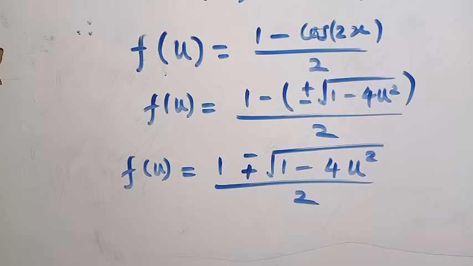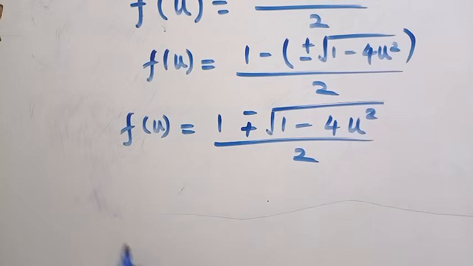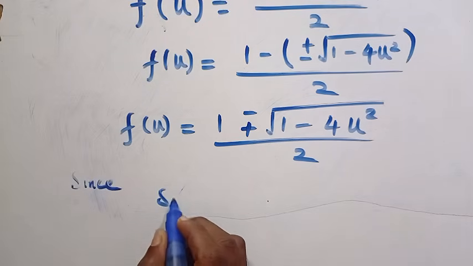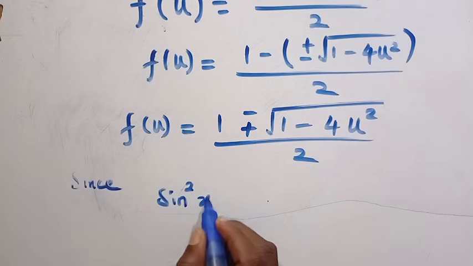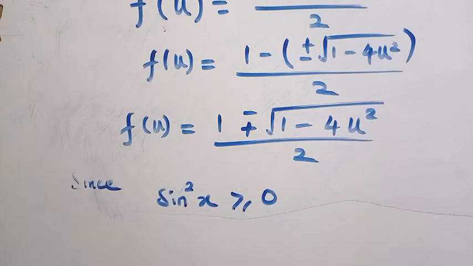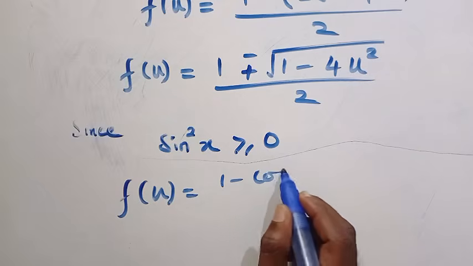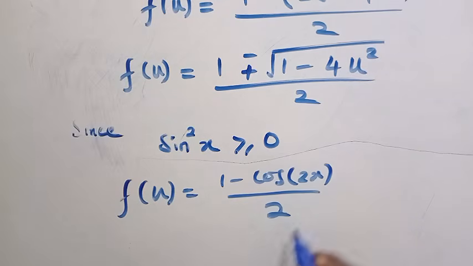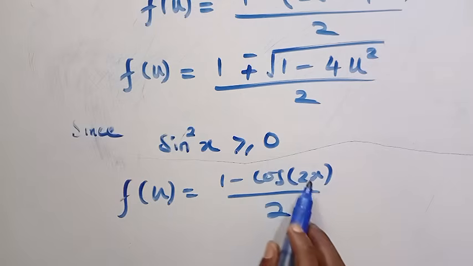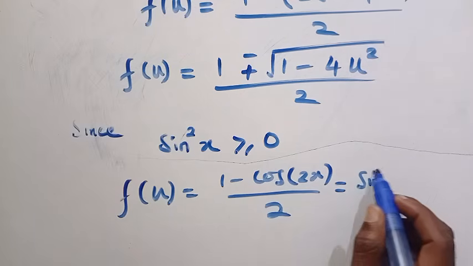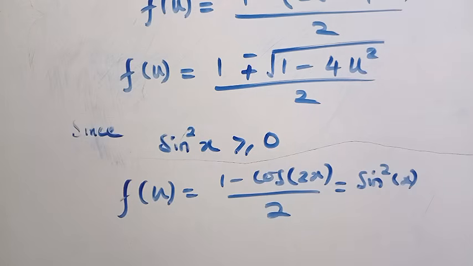Yes, but we have to get the sign correctly. Since we have plus or minus, let's note that sine squared x is always greater than or equal to 0, and from where we have f of u equals 1 minus cos 2x divided by 2, note that 1 minus cos 2x over 2 is the same thing as sine squared x, and everything is greater than or equal to 0.